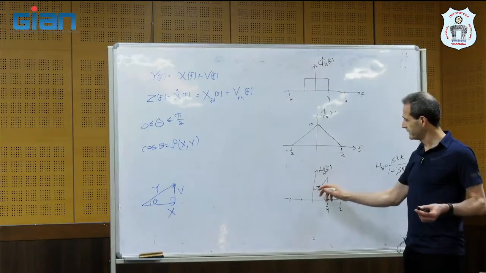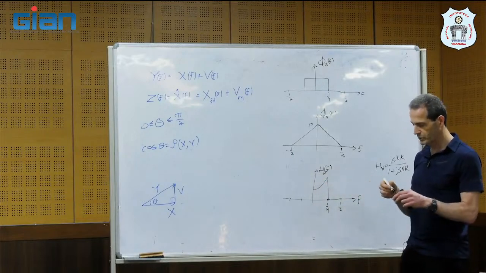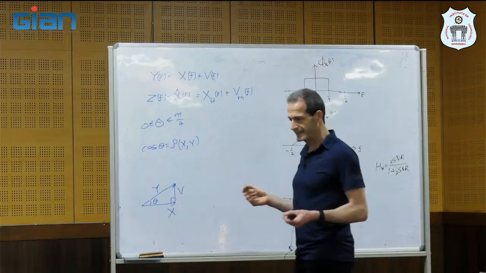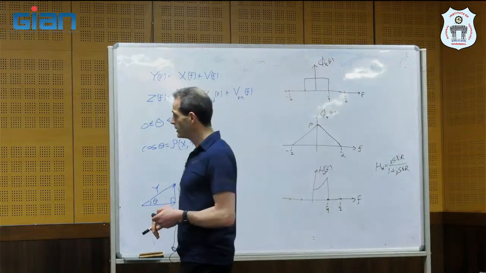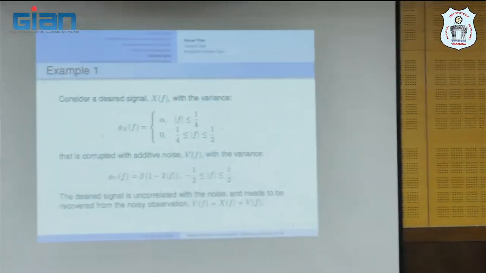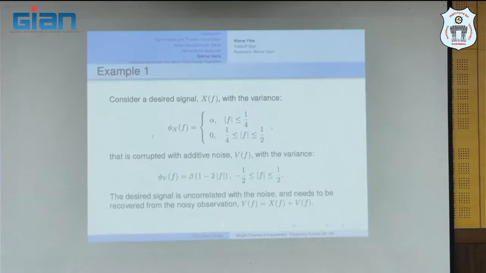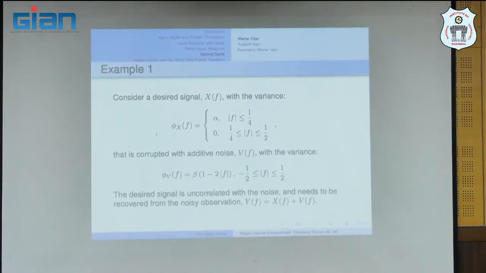Any gain, and specifically the Wiener gain also looks like that. But if we want to find the exact expression, what we need to find is the input SNR, which is the ratio between the spectra, like this divided by this, and then use it as input SNR and put it into this expression.